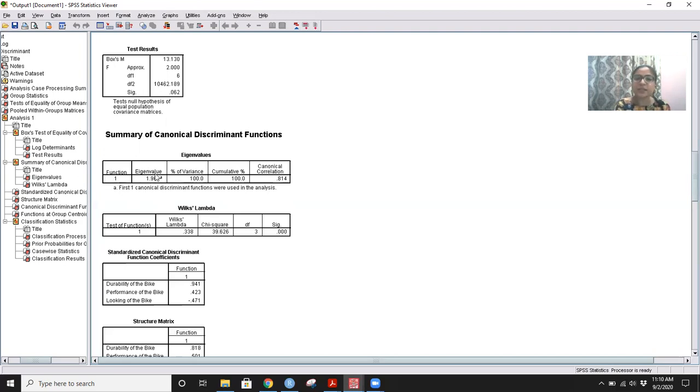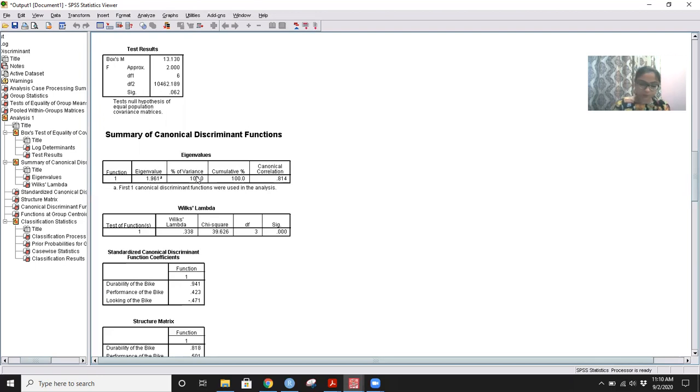Eigenvalue represents the percentage of variance which is explained in the dependent variable by the discriminant function. Mind it. That is coming over here as 100. So that means 100% of variance in the dependent variable is explained by your discriminant function so obtained.